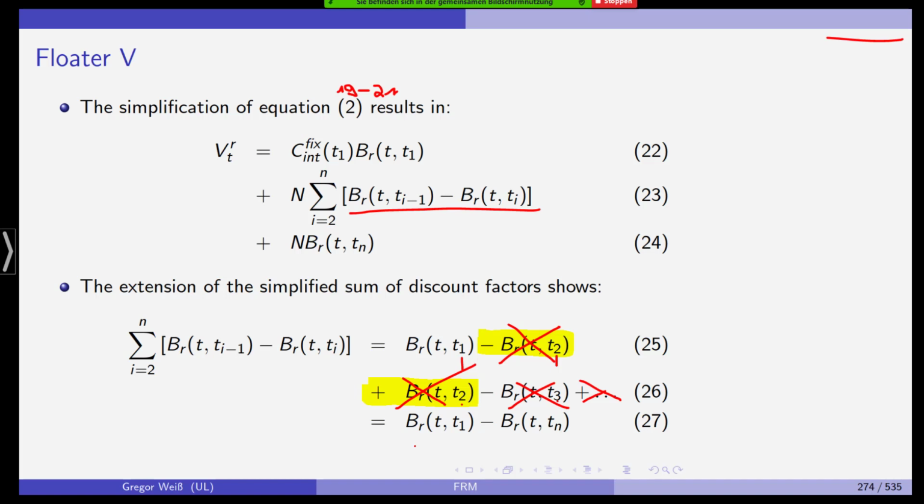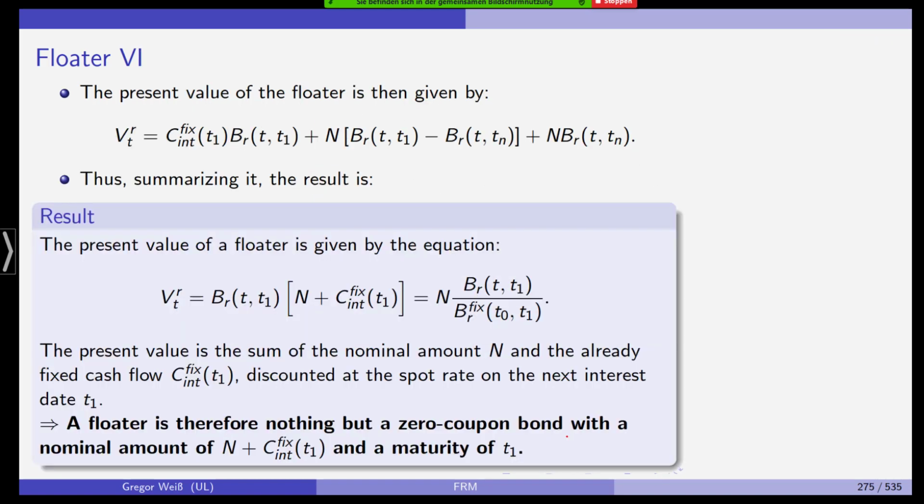And what we are left with is actually the very first one, BR T T1 minus, and at the very end, BR T TN, maturity. If we now include this in our formula, we can see that in the very end, the present value of a floater is given by the first already known discount factor times notional amount plus the already fixed payment in absolute terms.